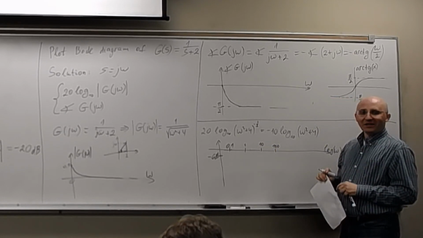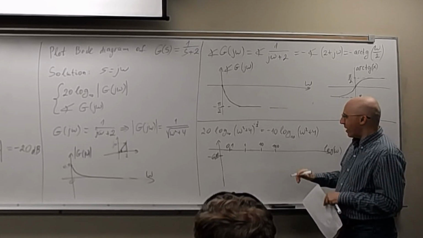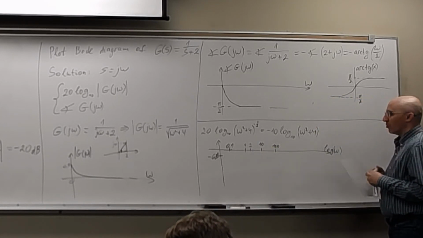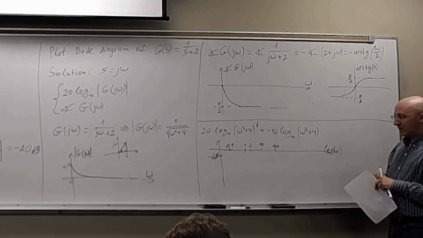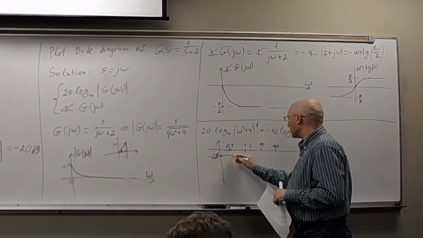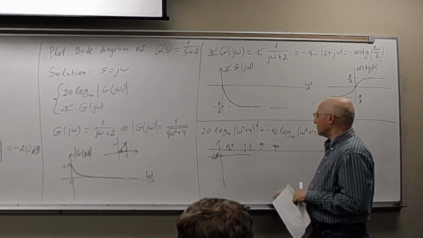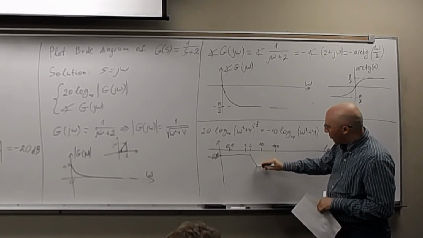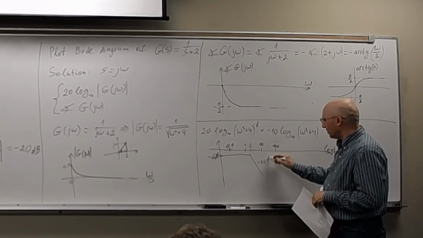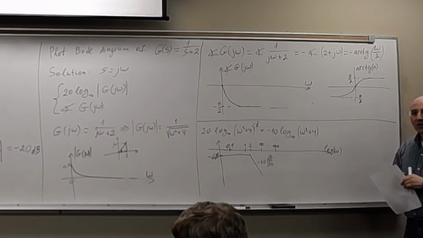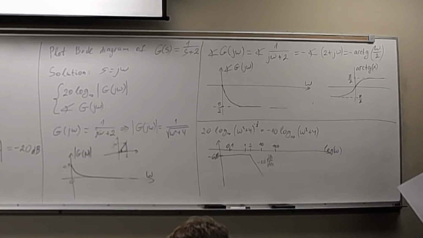Remember how logarithmic paper looks like? So it's approximately here. This is your location of the pole. So asymptotically, it will look almost like that. Flat until it gets here, and then it will go down with minus 20 dB per decade decay. Okay? So this is how it will look like.